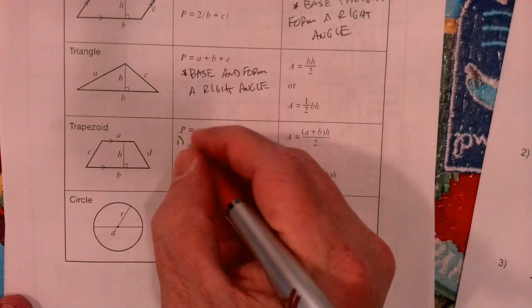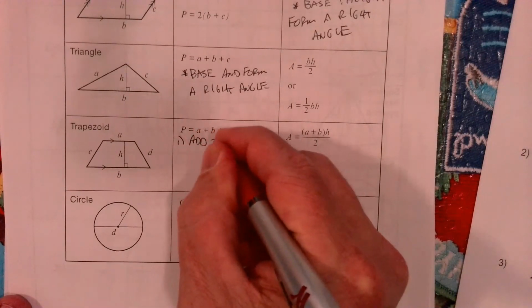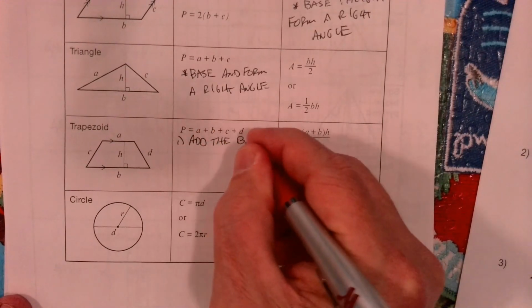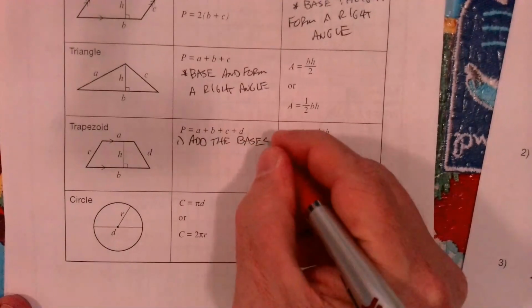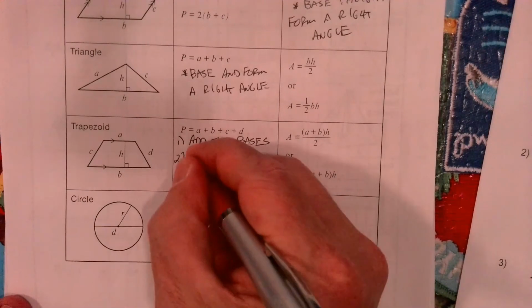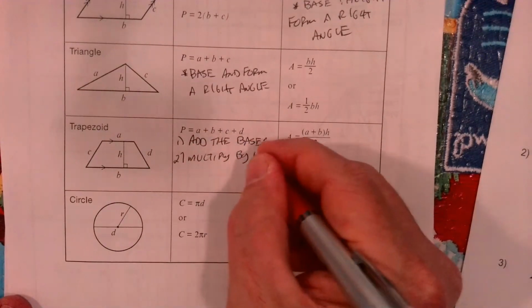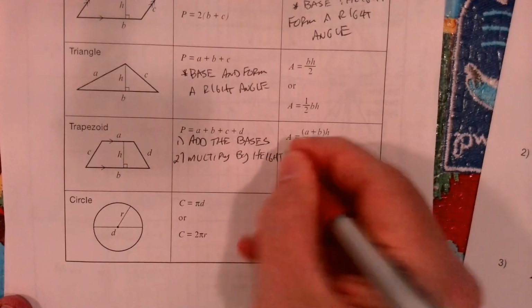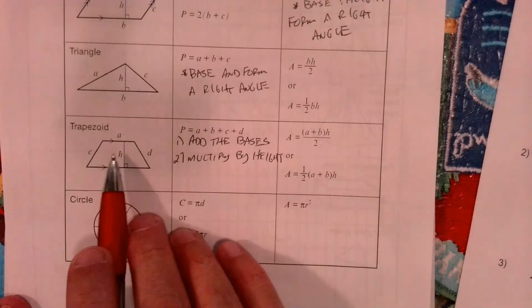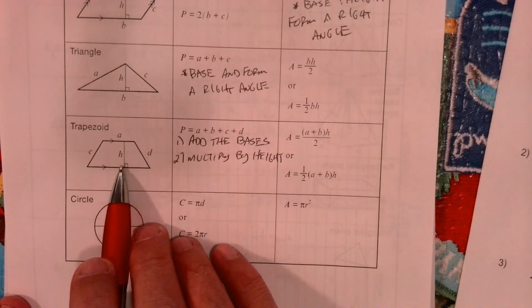So what are your 3 steps to find the area of a trapezoid? You add the bases. Okay, so you add your 2 bases, step 1. Step 2, you multiply by the height. That is step 2. And again, the height, just like on a triangle, is the distance between the 2 bases that forms the right angle.